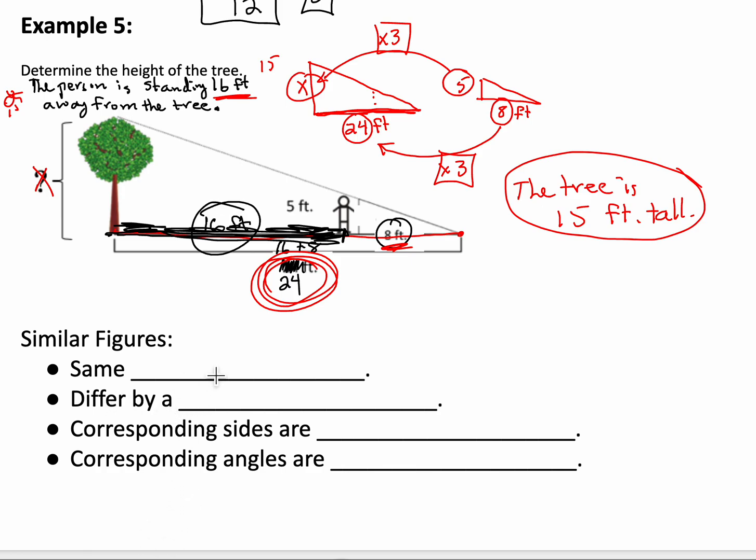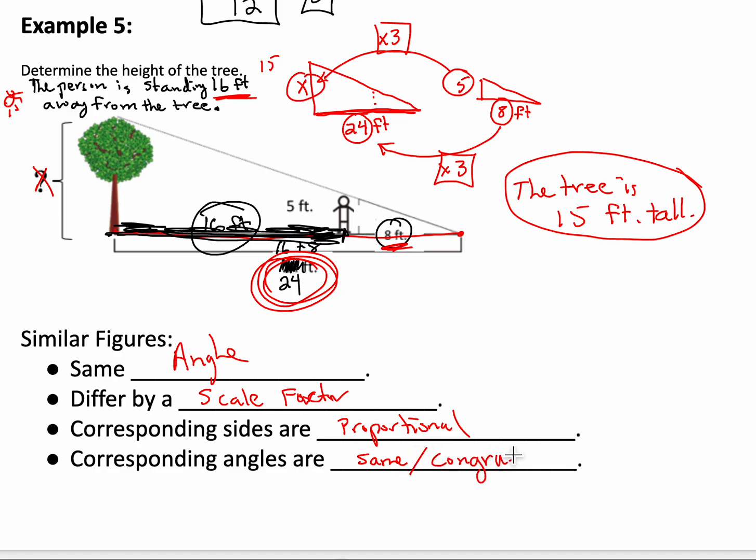All right, so similar figures are same angles and differ by a scale factor. Corresponding sides are proportional. And corresponding angles are the same, or we can use the word congruent.